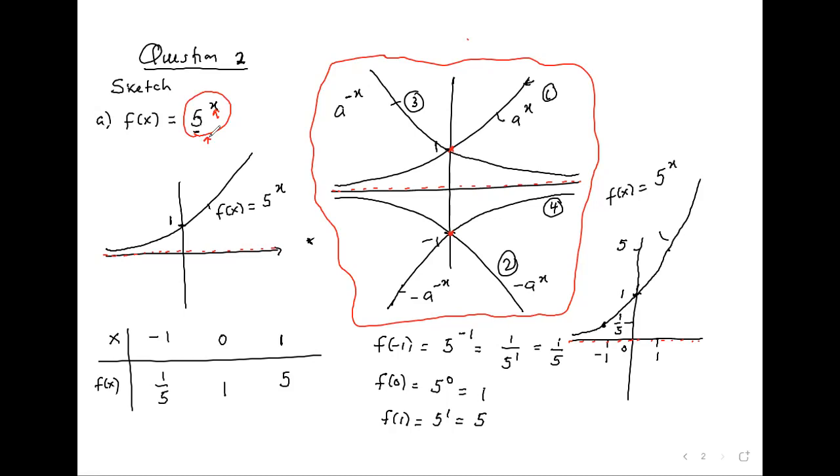Can you think of a number? Well, let's go for big numbers. Suppose x is -1000. What do we get? We get f of -1000 to be 1 over 5 to the power 1000. The number down is going to be very big, but 1 over any big positive number can't be 0.